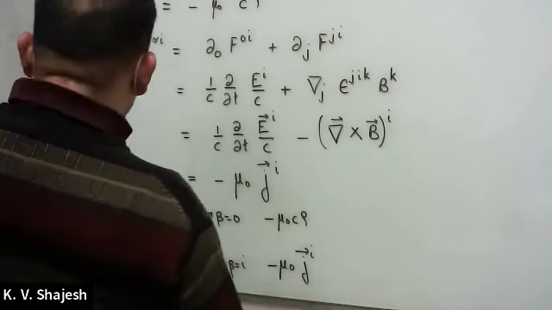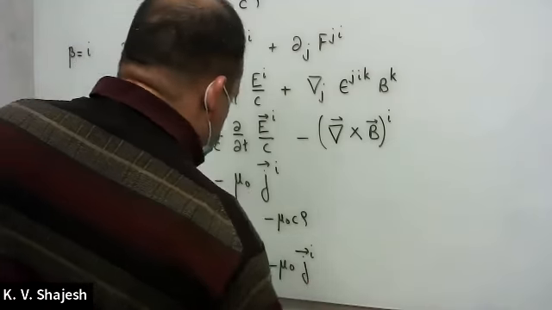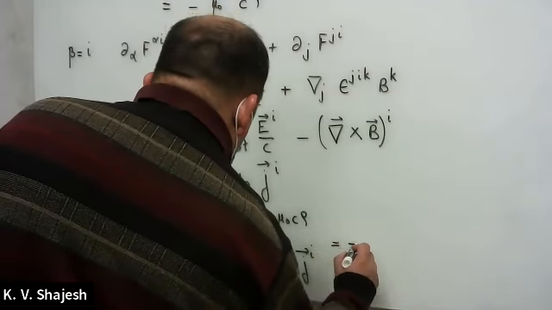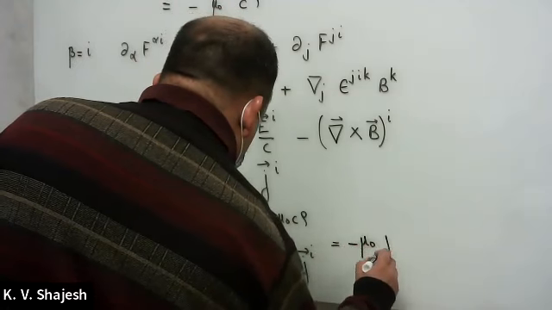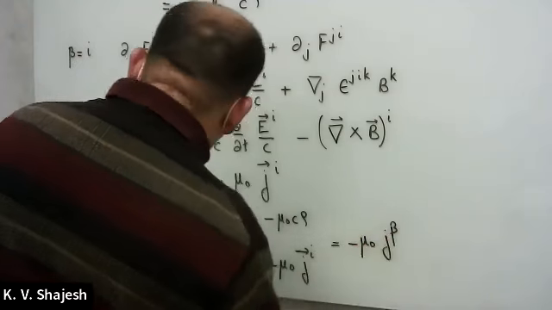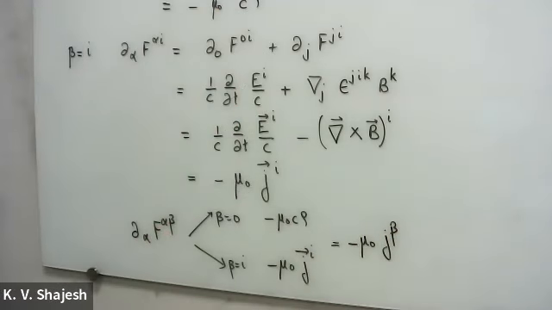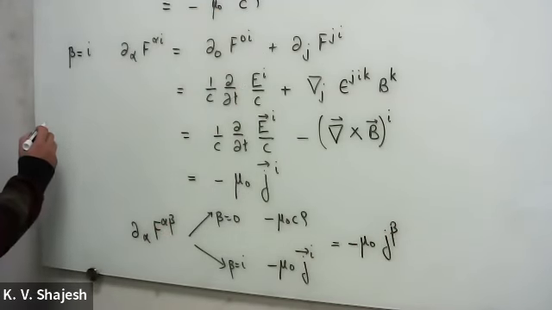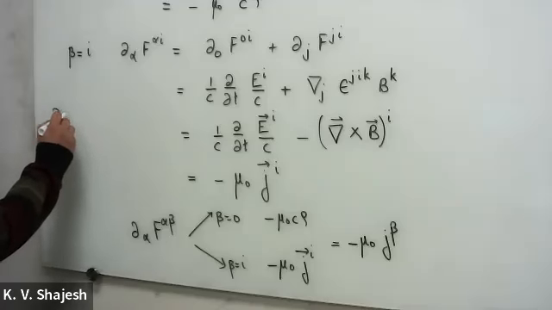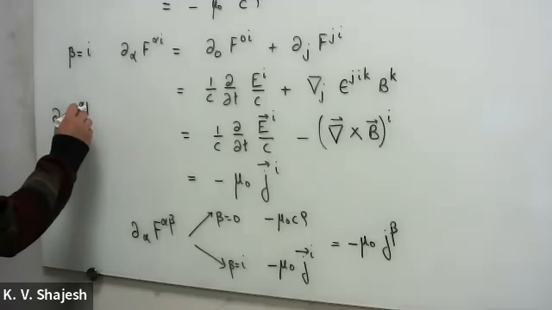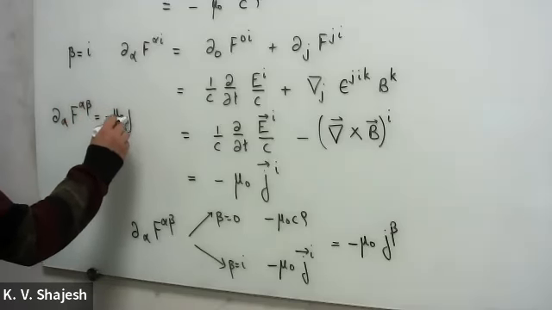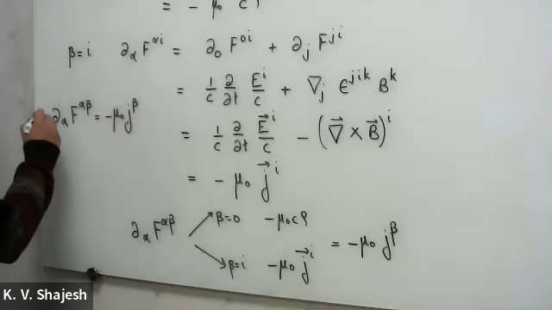So two of my Maxwell's equations are d alpha F alpha beta equal to minus mu naught j beta.